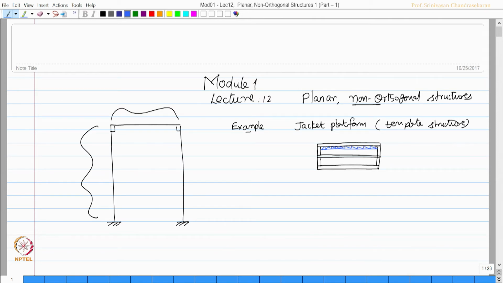it can be a beam column type. There are tubular members which are then extended to the seabed, which are then founded in the piles.